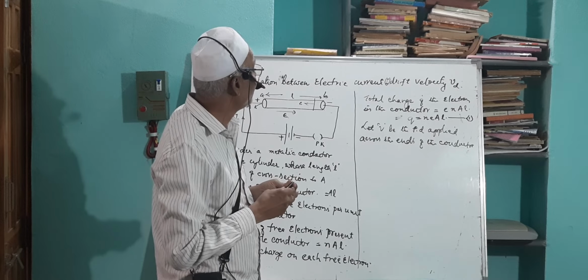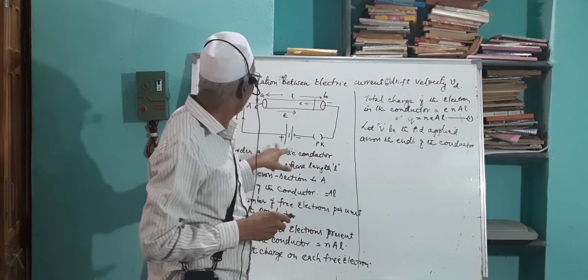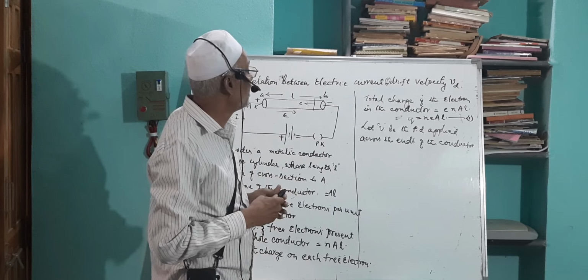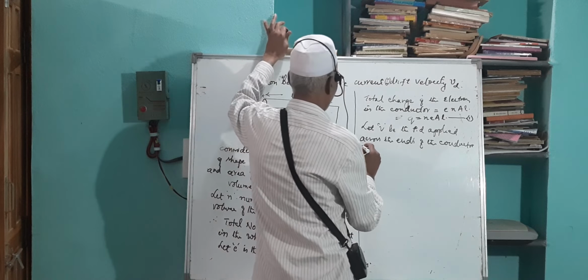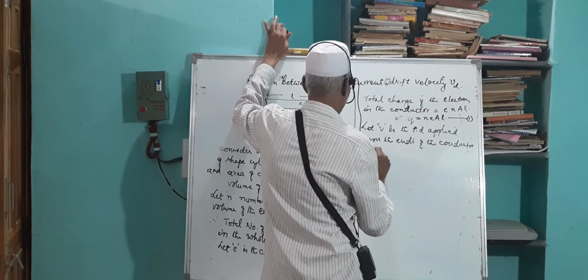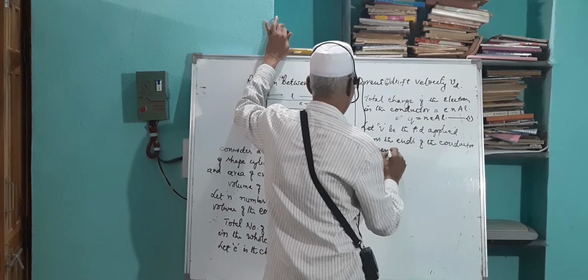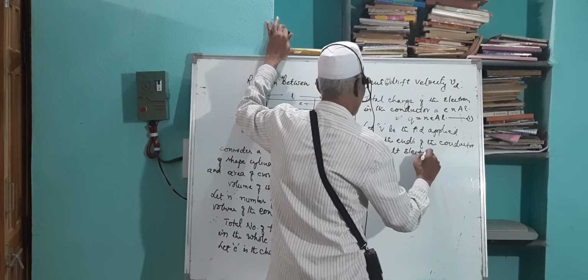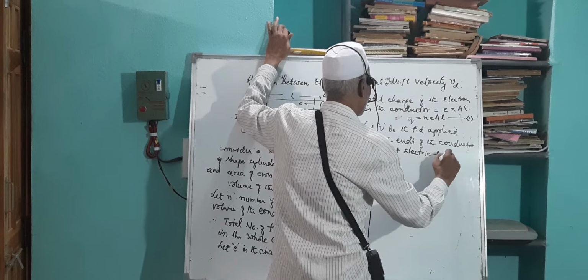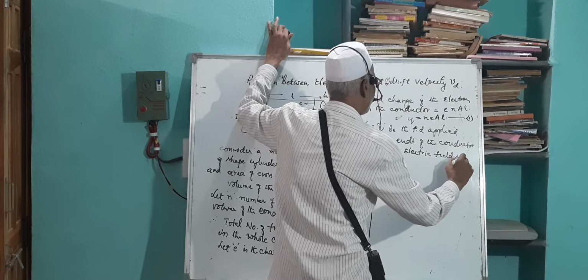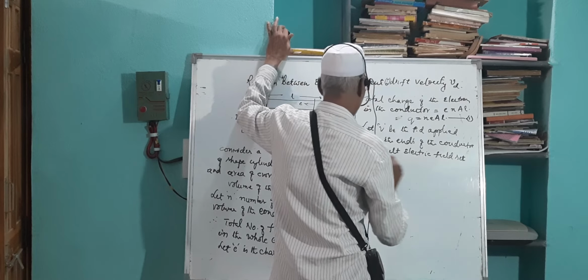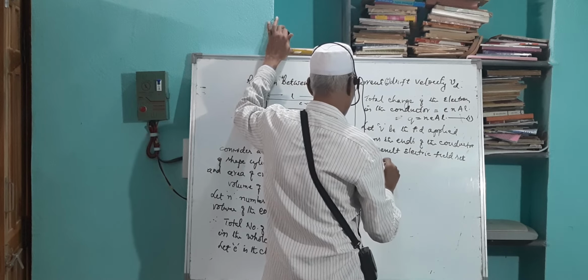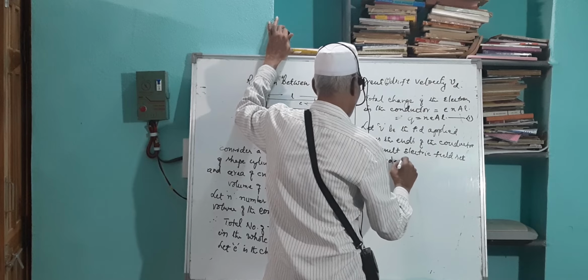Whenever you apply a certain PD on this conductor, as a result an electric field is set up inside the conductor.